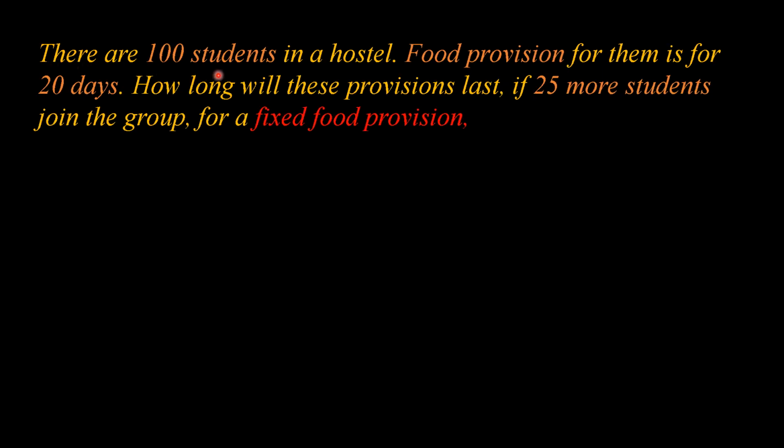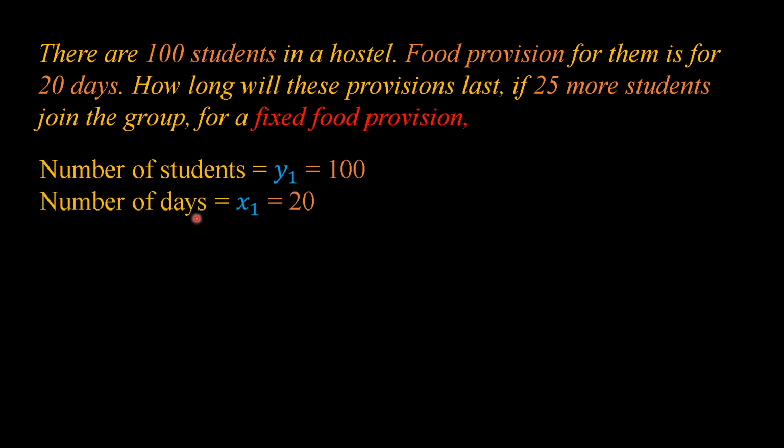There are 100 students in a hostel. Food provision for them is for 20 days. How long will these provisions last if 25 more students join the group for a fixed food provision? Number of students y1 is 100.